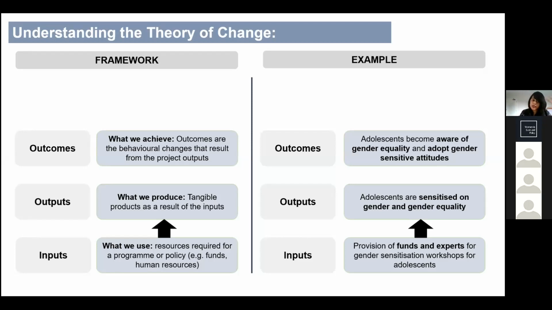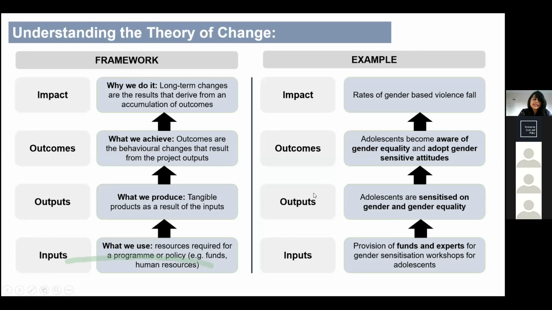So that's the outcome. In the case of our example, the outcome perhaps could be that the adolescents become aware of gender equality and adopt gender-sensitive attitudes. That is the outcome, the change in behavior, the change in ideas, the change in the way one thinks, sort of, yeah?